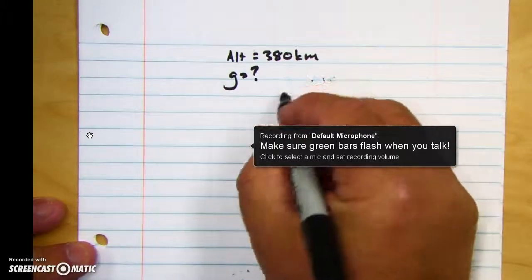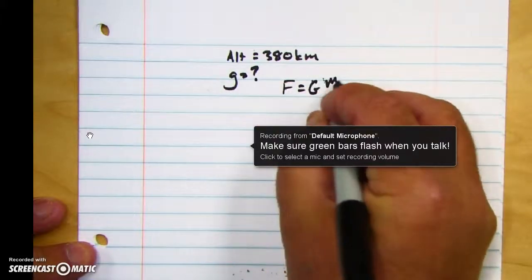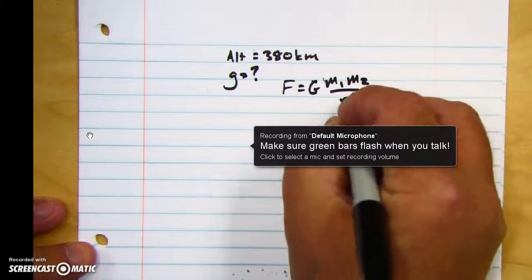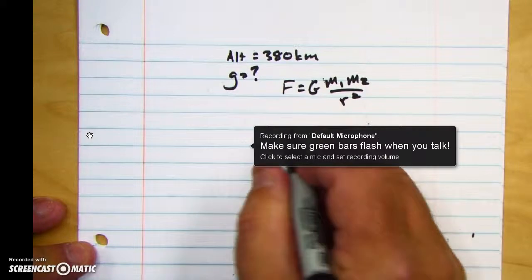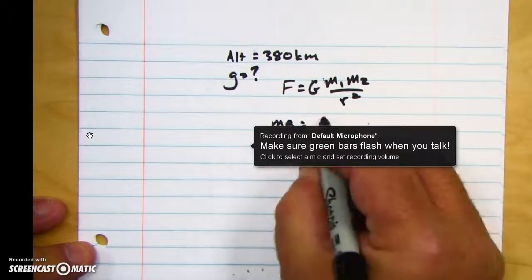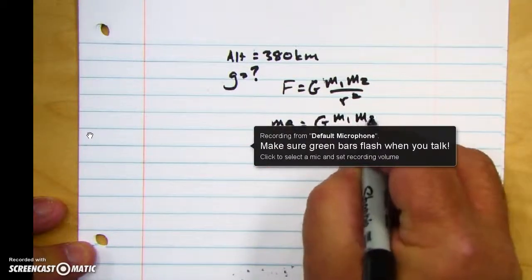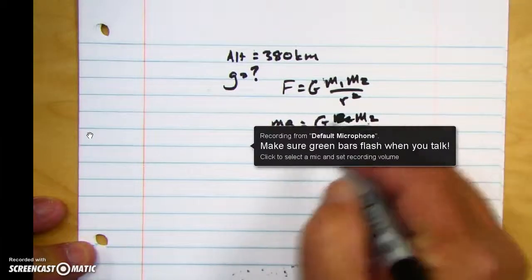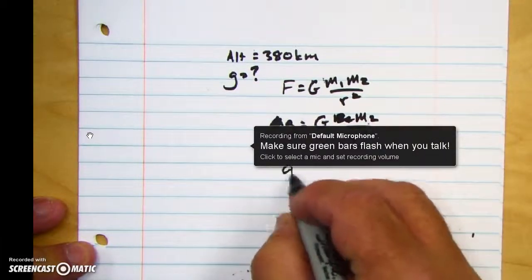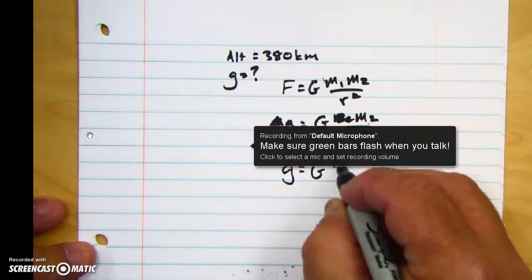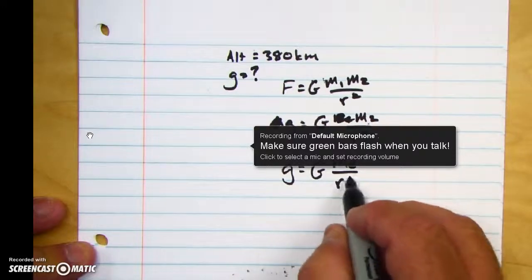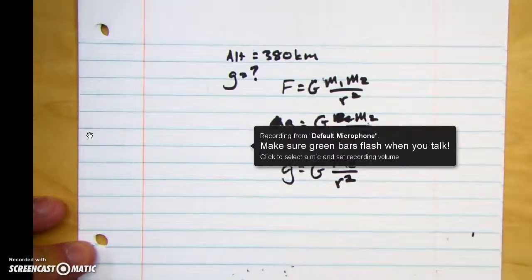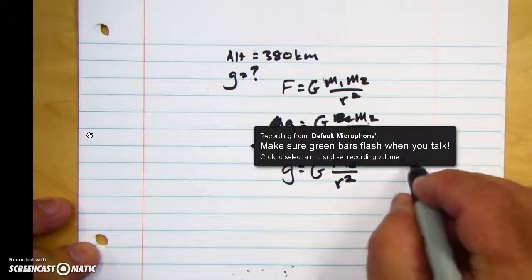Now, go back to this equation, F is equal to G m1 m2 over r squared. And remember, F is also equal to mg, which is equal to G m1 m2 over r squared. Get rid of one of the m's. I get g is equal to big G, the mass of the Earth, which is the other thing involved, divided by the radius squared. Well, we know the mass of the Earth, 6 times 10 to the 24th kilograms.